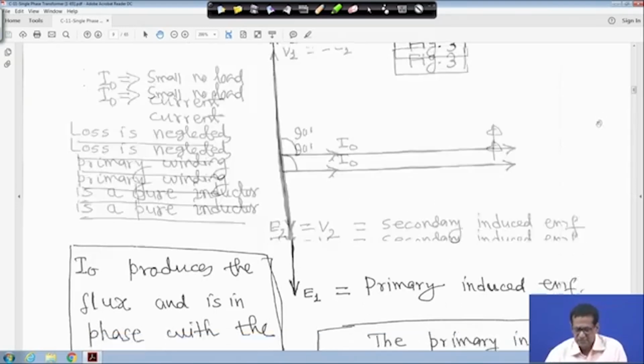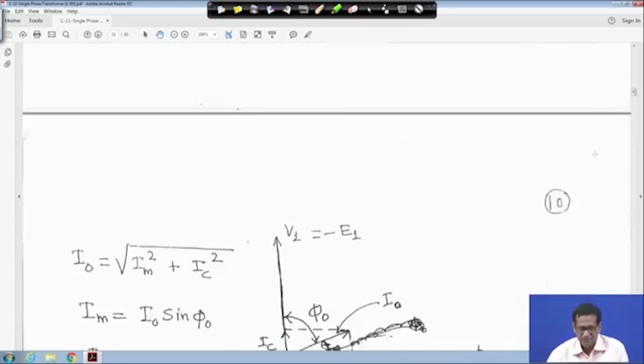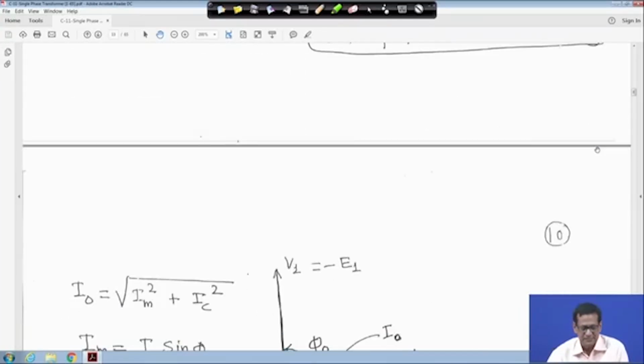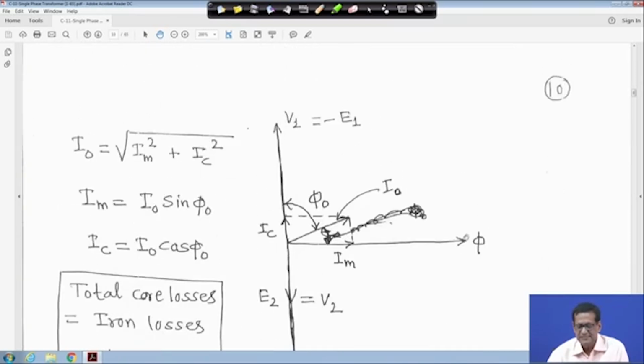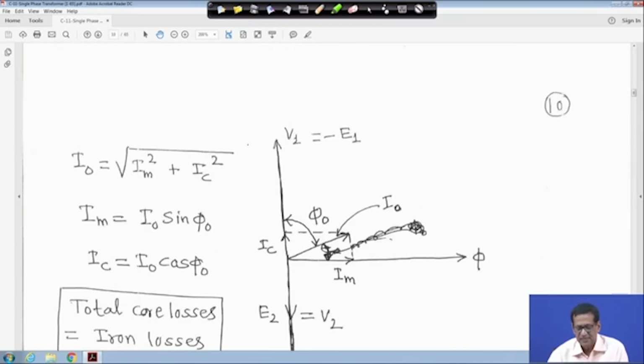I0 is not exactly in phase with the flux because it has core loss, that is iron loss, eddy current and hysteresis loss. V1 is equal to minus E1 is okay, but I0 is lagging V1 by an angle phi 0.